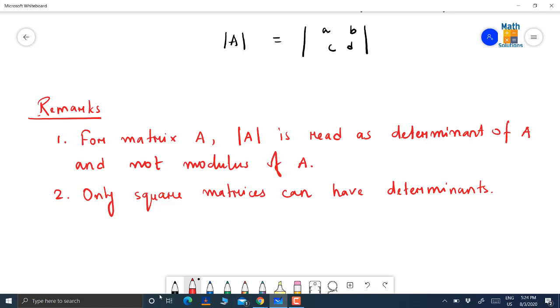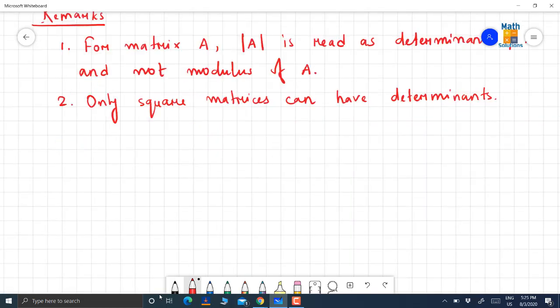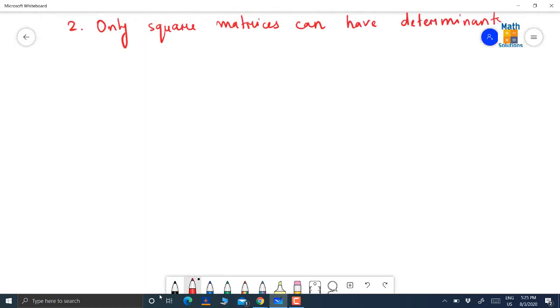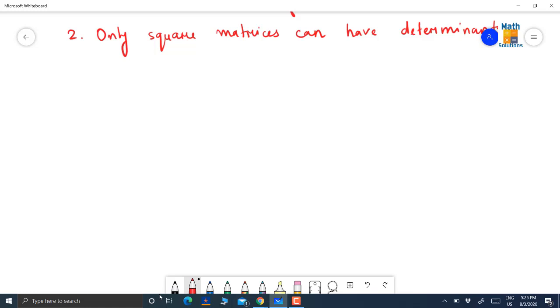So that's all. After the definition, the next point that we have to go for is expansion of determinants. How to expand a determinant?